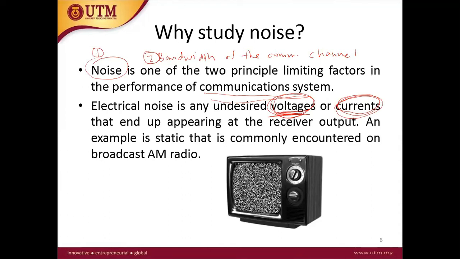This noise exhibits in the receiving part, or the output. For example, there is static in AM radio. Our radio transmission is still using analog, while our digital TV has already shifted into digital transmission. One of the main reasons for going digital is that it consumes much less power compared to the analog system.